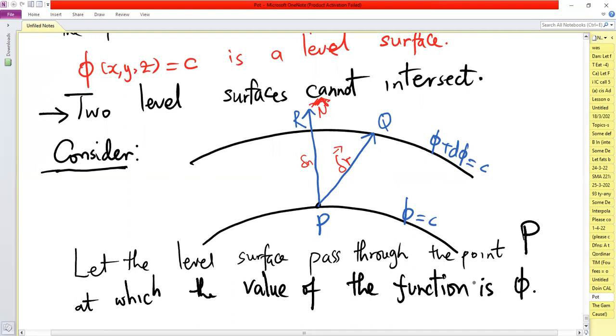So you can see that in the sketch. So let the level surface pass through the point P at which the value of the function is phi.